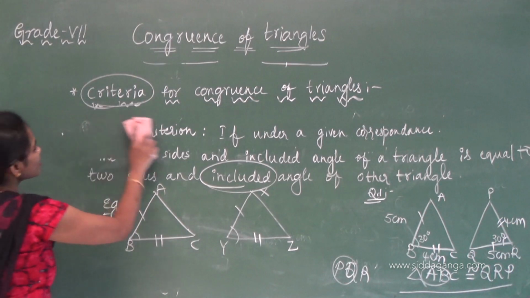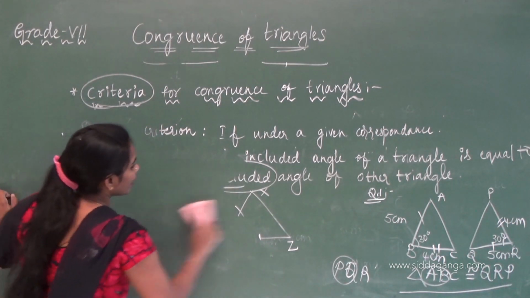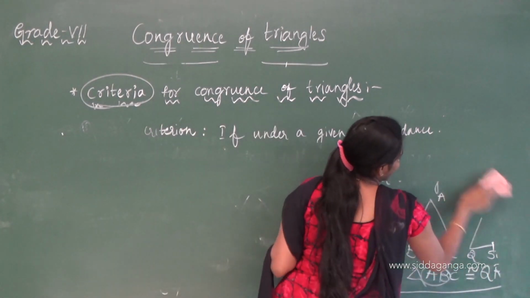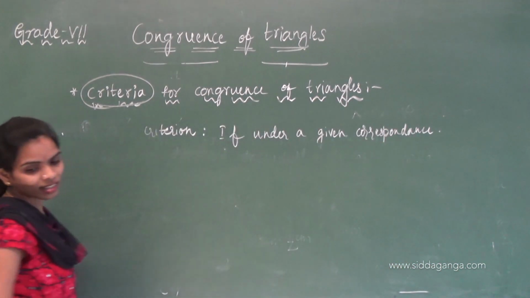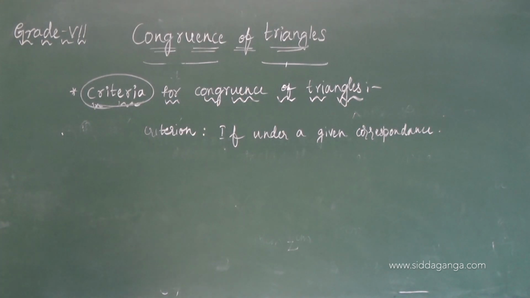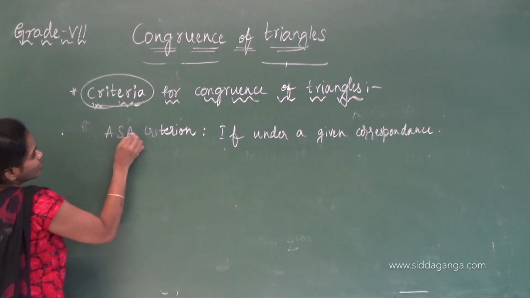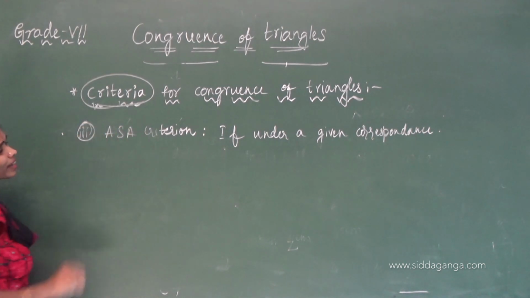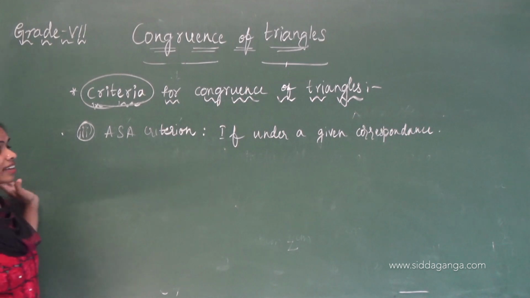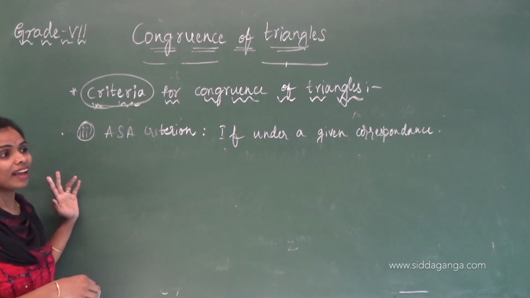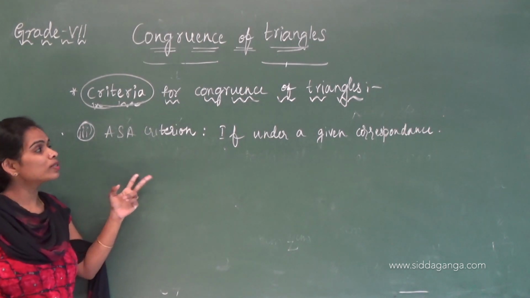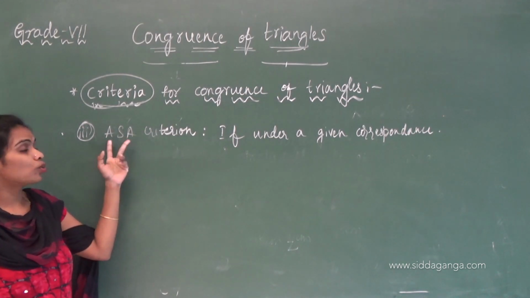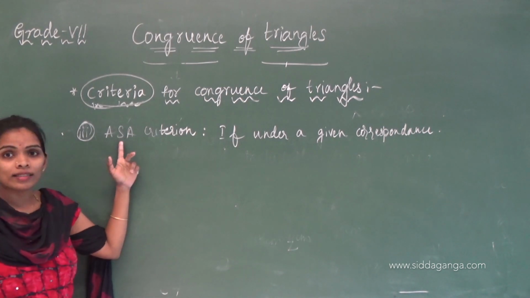Next criteria is ASA criteria. ASA means angle, side, angle. What will the ASA criteria tell? Like the last criteria, what did the last criteria tell? Two sides and one angle. Here, two angles and one side.